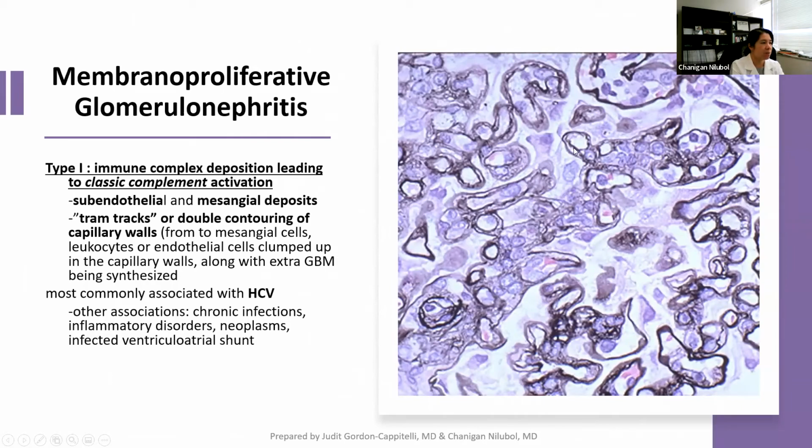So this is a double contour. This is a hallmark of MPGN, and it is most commonly associated with hepatitis C. Now that we are also treating hepatitis C, you are probably going to see less and less of this MPGN in hepatitis C or with cryoglobulinemia. But this used to be quite common in patients with Hep C.